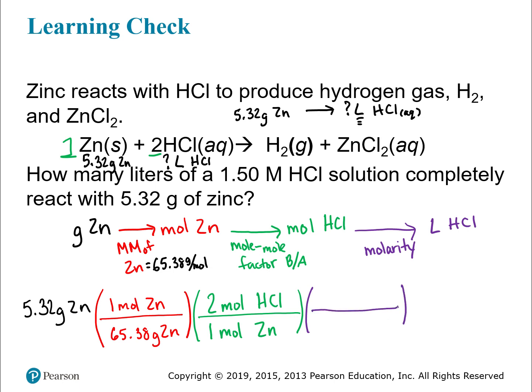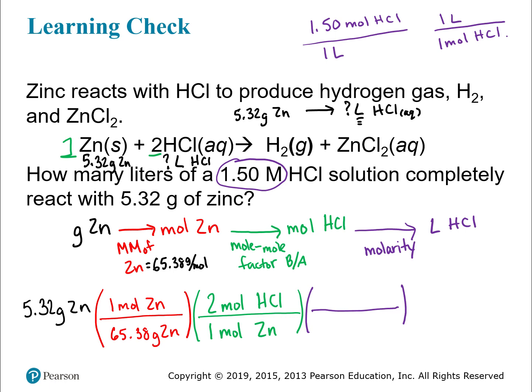Now we have to use the molarity. Remember that molarity can be written as a conversion factor. So to write out our 2 conversion factors, those are our conversion factors. 1.5 moles on the top, or we can put it on the bottom.